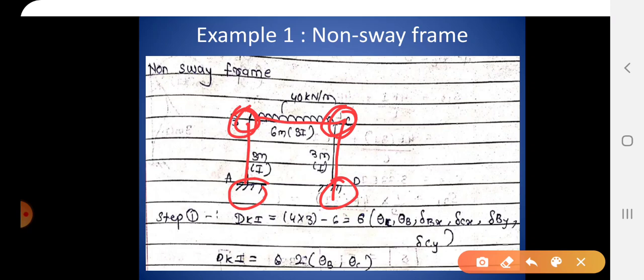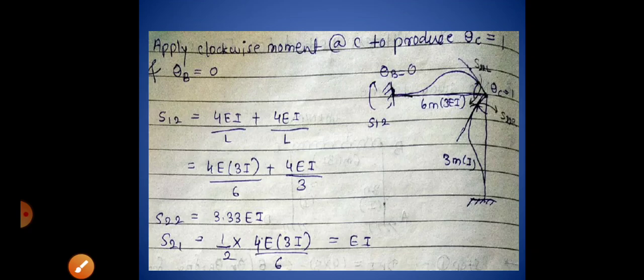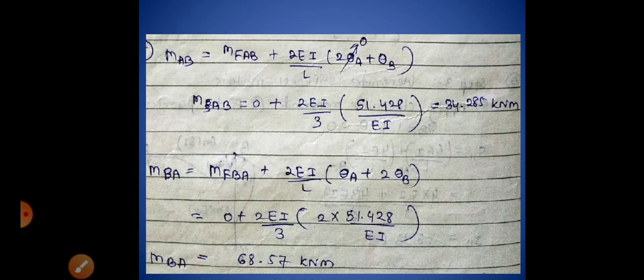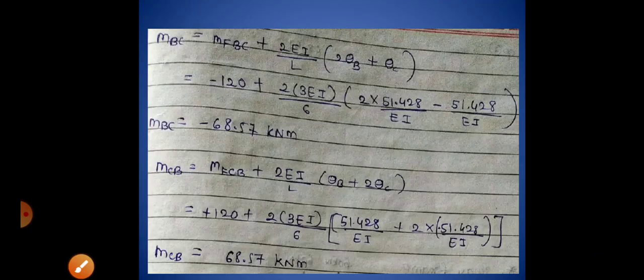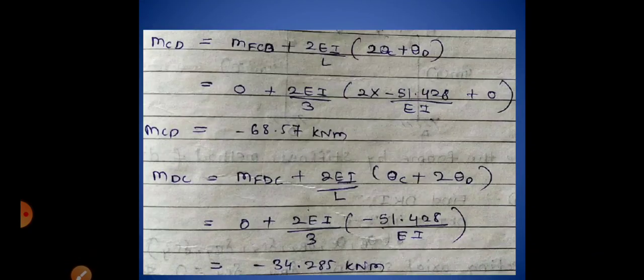Therefore for all these spans we have to use standard slope deflection equations. Accordingly, MAB is equal to MFAB plus 2EI by L into 2 theta A plus theta B. A is fixed support, therefore theta A will be 0. On similar lines you can find MBA, then MBC and MCB, next MCD and MDC.